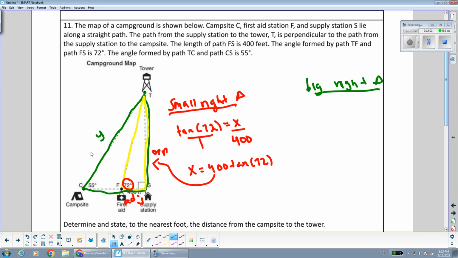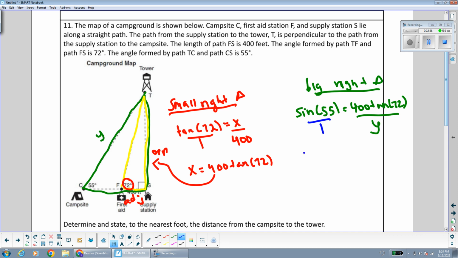In the big right triangle, we have the angle, we're looking for hypotenuse, and we just found opposite in what we just did. So I'm going to use opposite because I have it, and hypotenuse because I'm finding it. That's sine. And for opposite, I'm going to use the value we just found, 400 tangent of 72 over y.